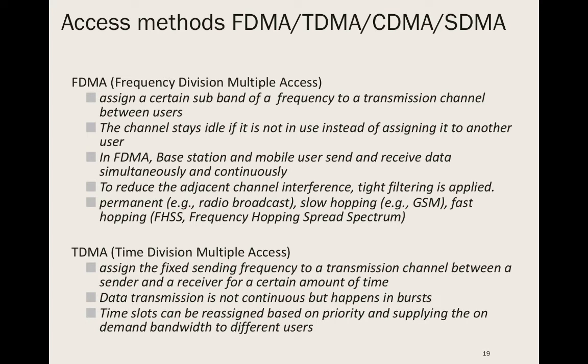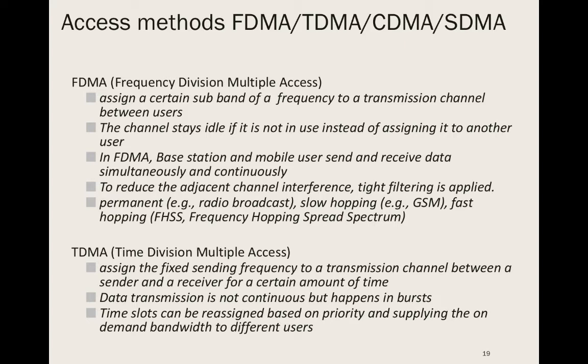The other one is time division multiple access, which assigns fixed sending frequencies to a transmission channel between a sender and a receiver for a certain amount of time. Data transmission is not continuous, but happens in bursts.